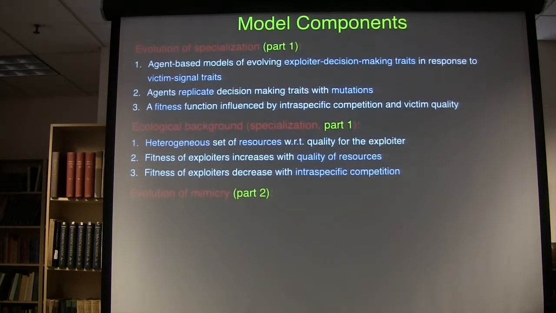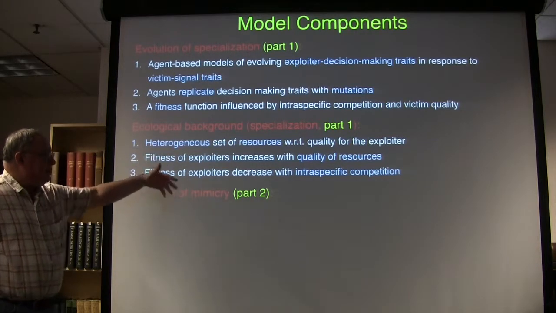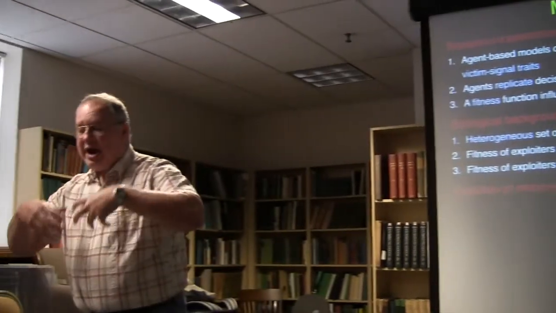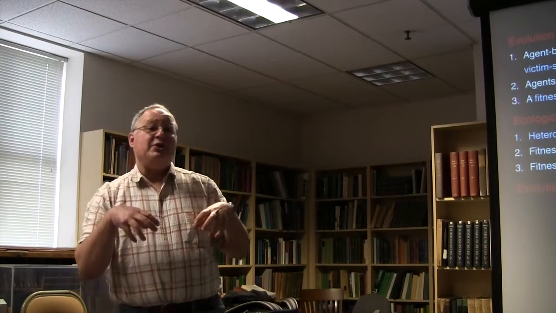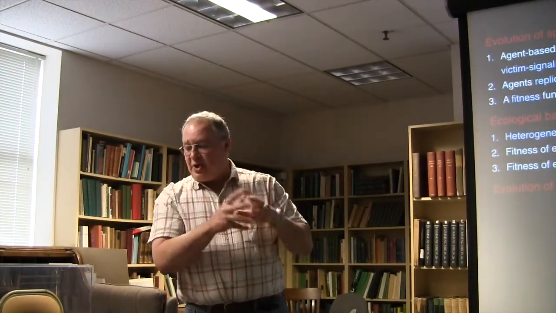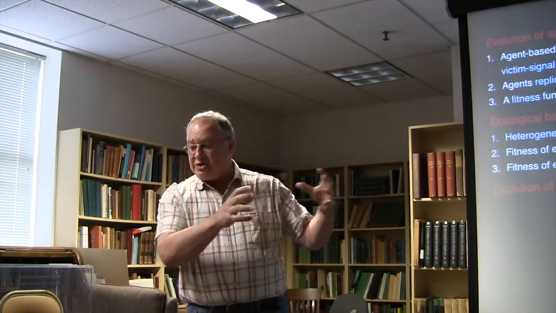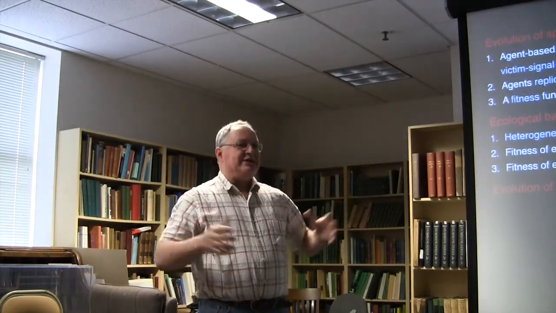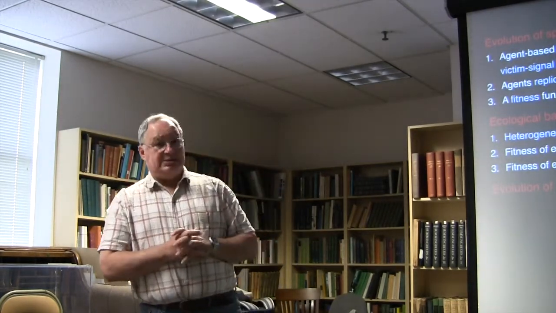So as part of this study, in the second part, we looked at the evolution of mimicry, where plants that are vulnerable might try to put out a signal that looks like plants that are not vulnerable. So for example, if an exploiter has evolved to exploit plants that are vulnerable and not use the plants that are protected, then the plants that are protected try to look more like the plants that are vulnerable to escape this discrimination that the exploiters can set up.